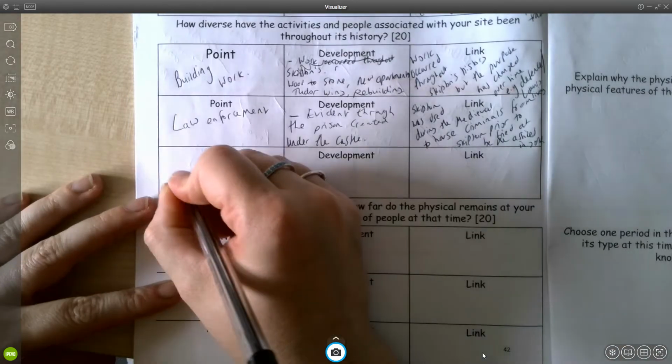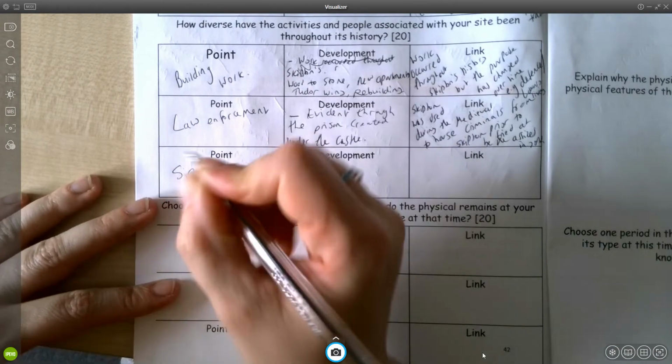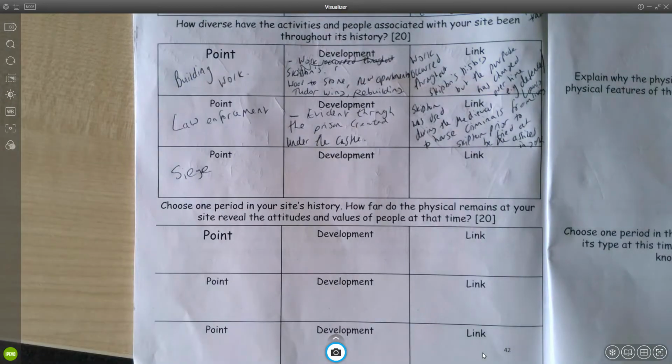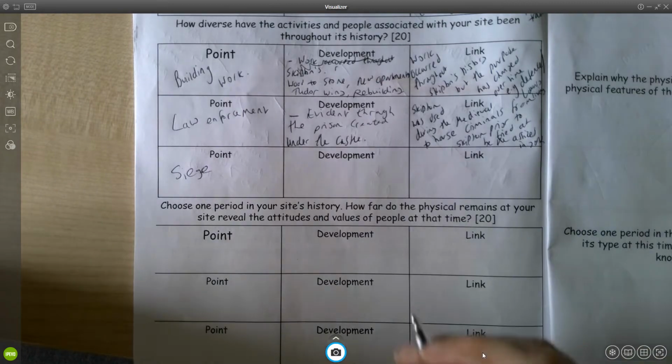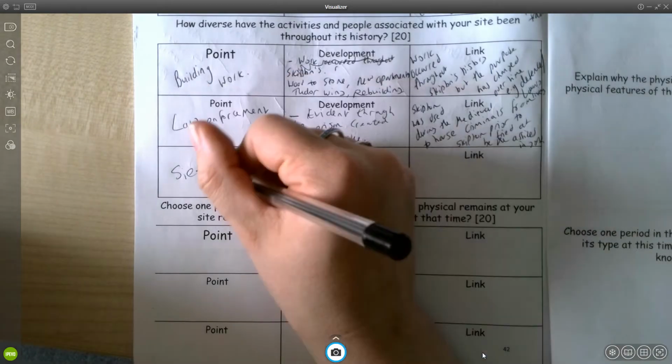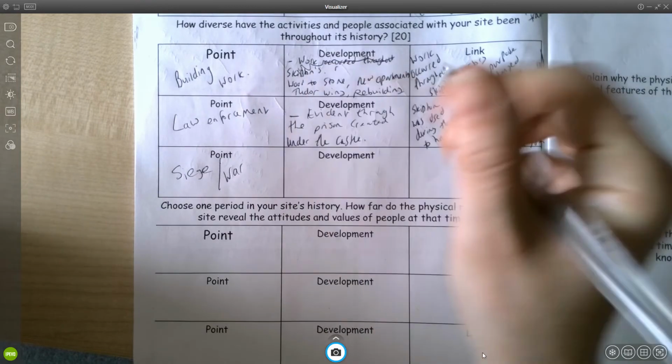Another activity could include siege or tourism. Any of these are the ones that you probably feel a bit more comfortable that you have the content about. So siege and war.